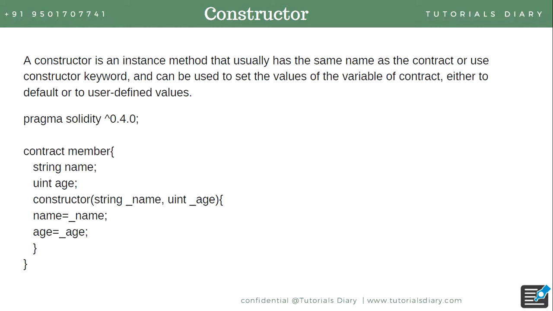We have defined a constructor which will get called as soon as someone creates an instance of this contract, and they have to pass the name and age as input parameters, which will get assigned to these two values, name and age. This is how a basic constructor looks in Solidity, and we'll talk about it in more detail in the hands-on session. For now, remember that constructor is the keyword you have to use when you use a constructor in Solidity.